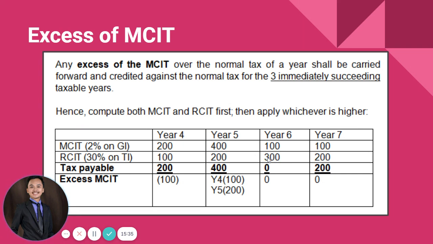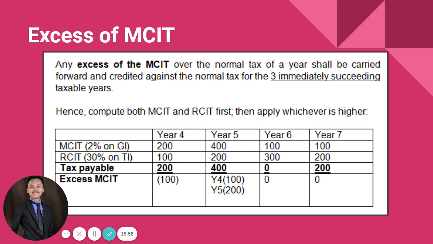So that means we can now perfectly use our excess of MCIT with a total of 300,000 since our tax due for year 6 is from RCIT. Okay? That makes our total tax payable for year 6 zero.